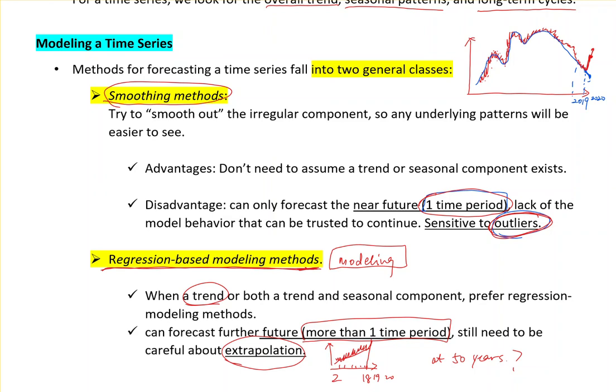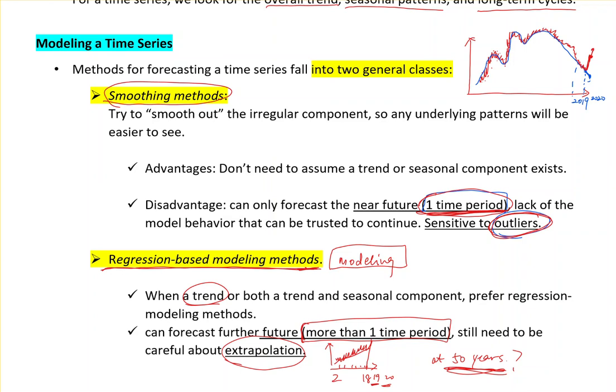For the smoothing method, you can only make one prediction for one time period, but for the regression method, you can make predictions for more than one time period, but not too far away. Not at 50 years old. Maybe 19 or 20 years old. You cannot predict too far away.